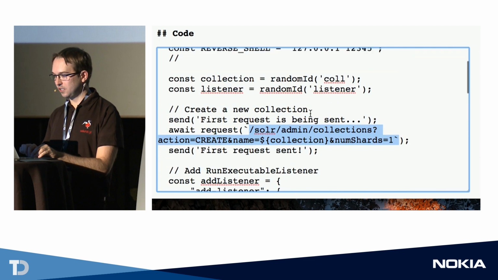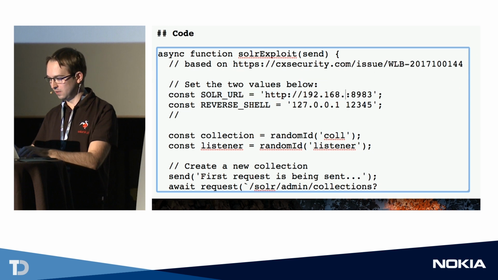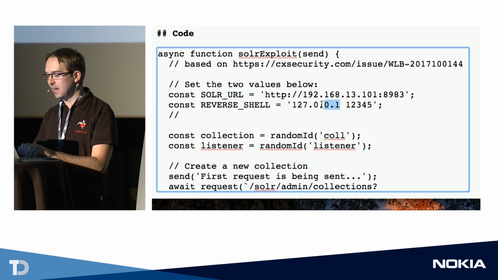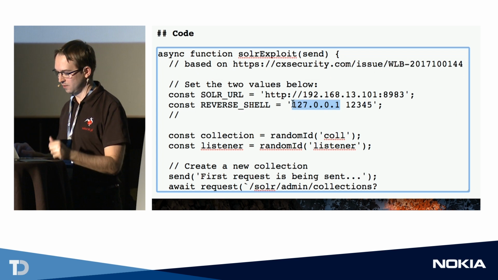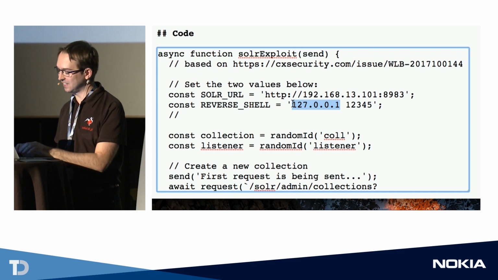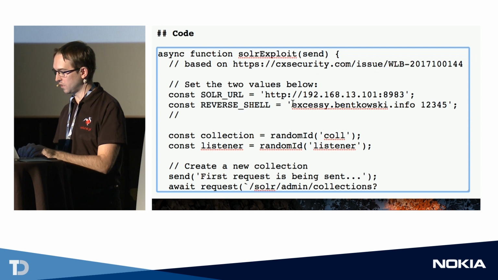Okay? So now I will try to run the exploit. You need to run on 13.101, and it will create a reverse connection to my server, similar to the image with Blind XSS before. So it should connect to xss.bentkowski.info on port 12345.